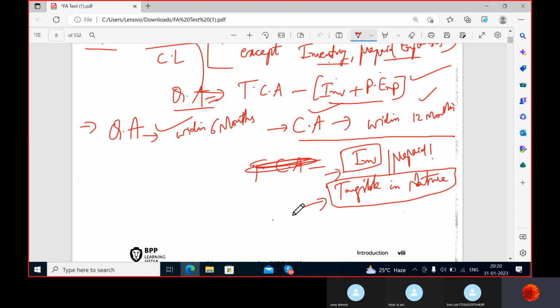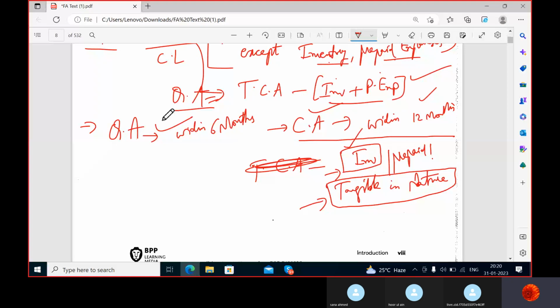Point number two: there is no confirmation about when inventory will be converted into cash. Sometimes the entire inventory can be sold within a very short span of time, and sometimes it may take a very long time. That's the reason we exclude inventory from quick assets.